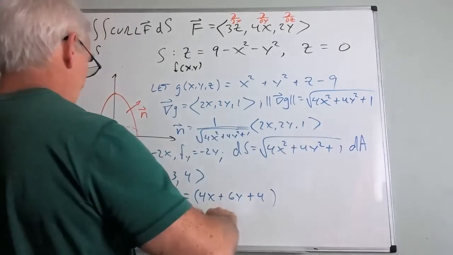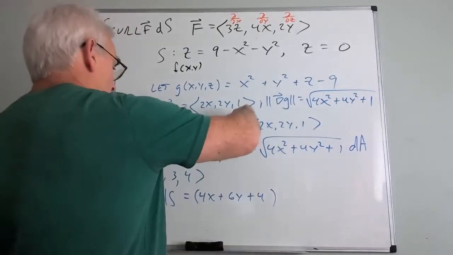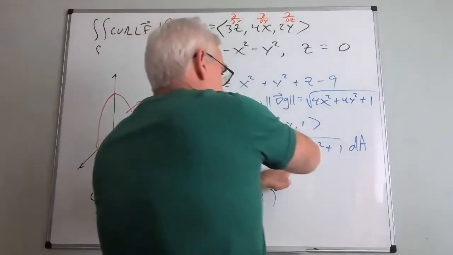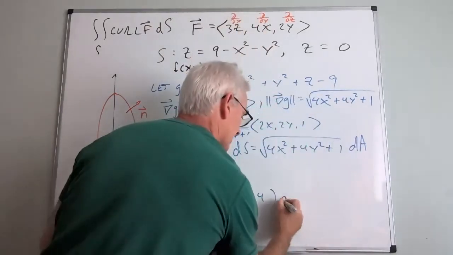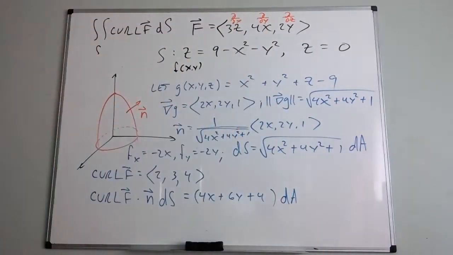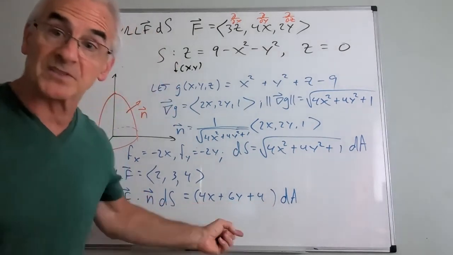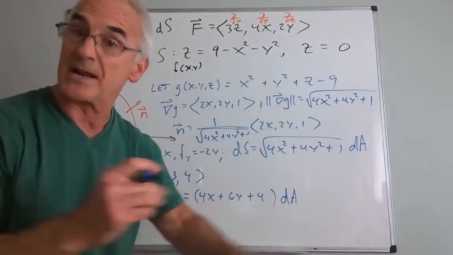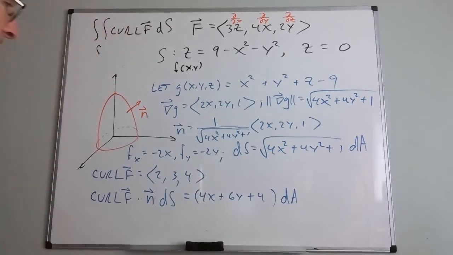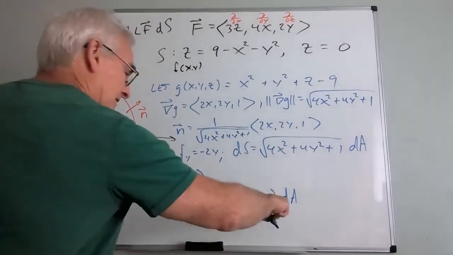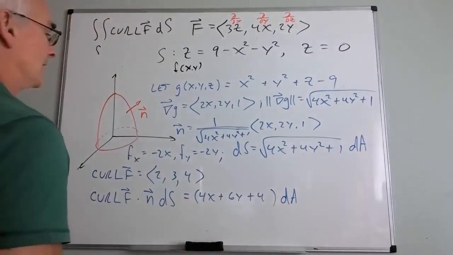I'm also going to have 1 over the root times the root dA. Isn't that nice? And there is no z in that statement. By the way, in the last example, there was a z at this point, but we were able to swap it out for a constant as we saw. Okay, so this is going to be my integrand.